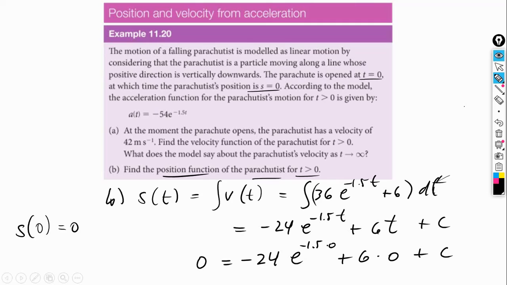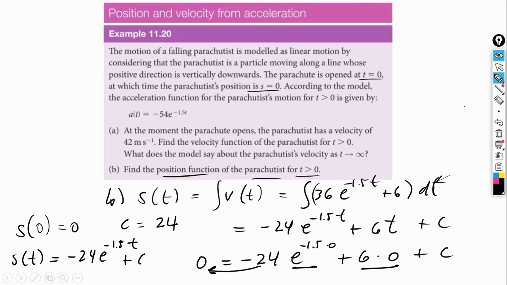So notice that this is going to equal 1, this is going to equal 0, and then we move this to the other side, we're going to get that c is equal to 24. So that means that we have the position function. The position function would be minus 24 e to the minus 1.5t plus 6t plus 24.